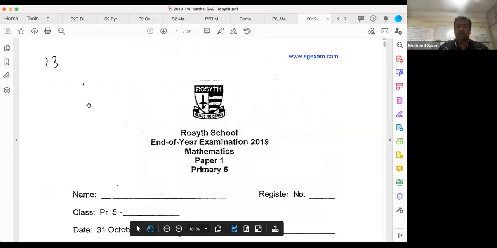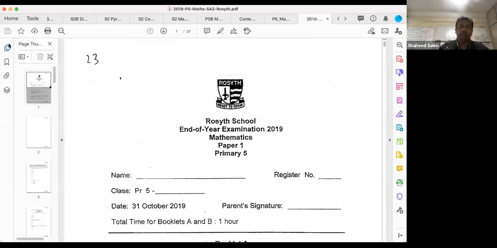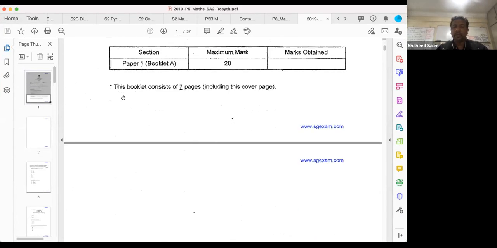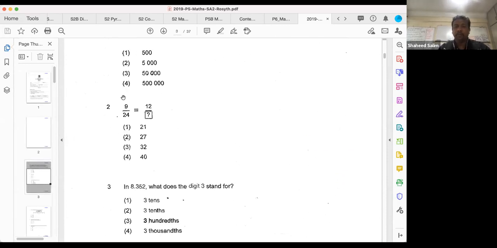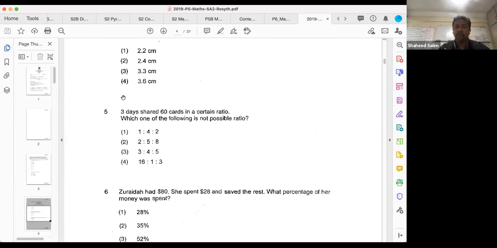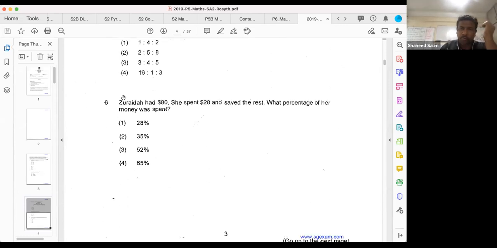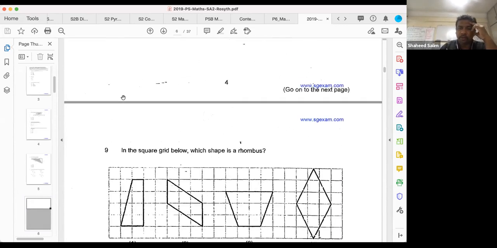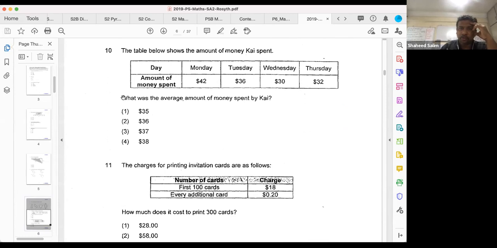Okay, you must be able to do this. Let's search for the average. Any average? No. What's the ratio? Percentage. You want average? Average.